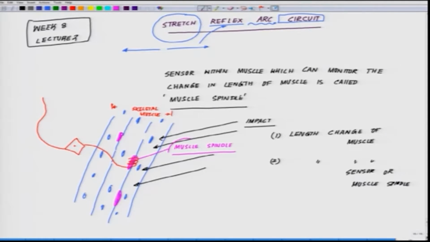spindles which are there are a specialized group of muscle. If you guys remember, when the muscle differentiates into two different forms of skeletal muscle, let me put it in case you missed it.